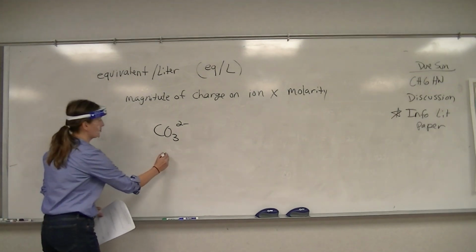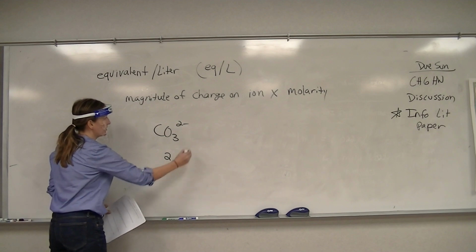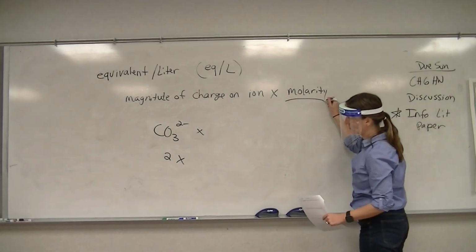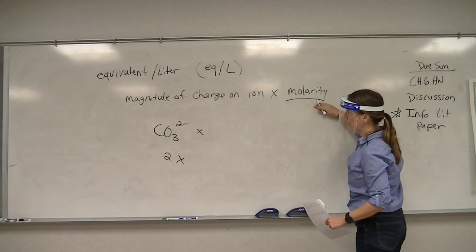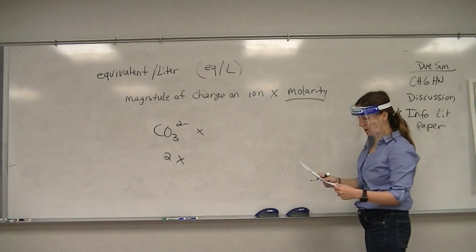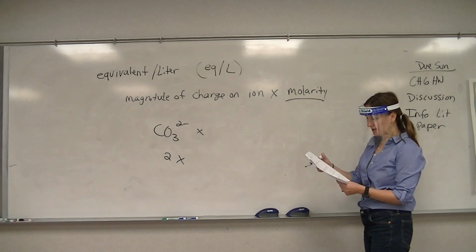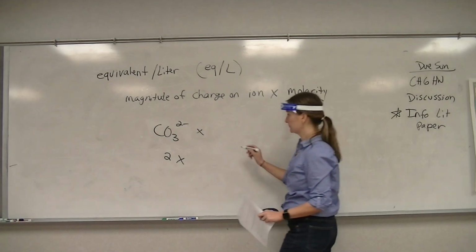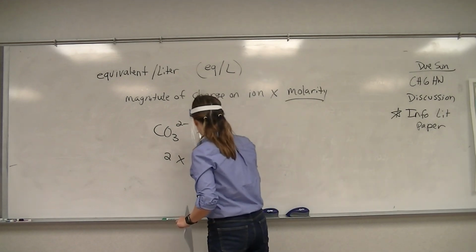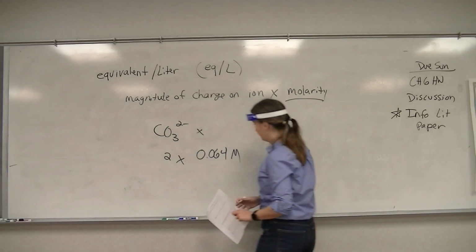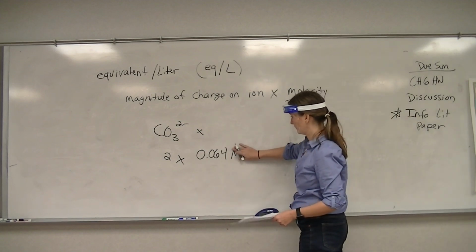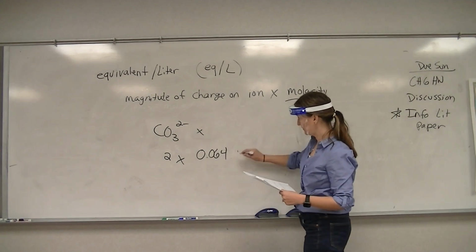So I would take this number 2 and then multiply it by the molarity. You're always going to be given a molarity in an equivalent per liter problem. And in number 19, it says the molarity is 0.64.